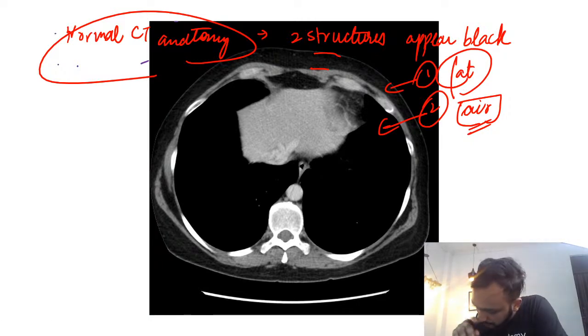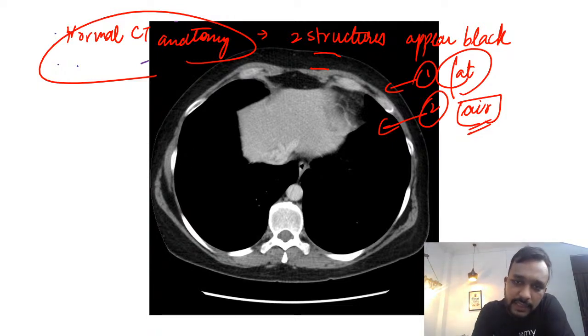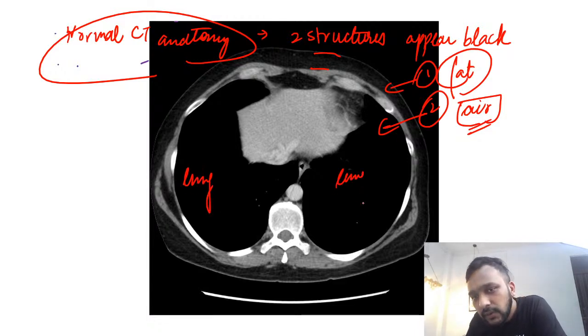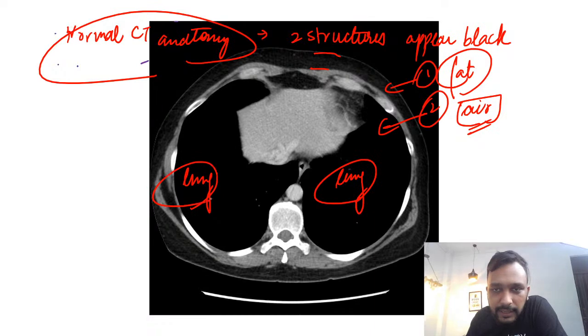Okay, very good Nisha. So these are the two structures which are going to appear black on a CT image, right? Now guys, the first image that I'm showing you is the section at the uppermost part of the liver. Here you can see these are your lungs, which are appearing black.